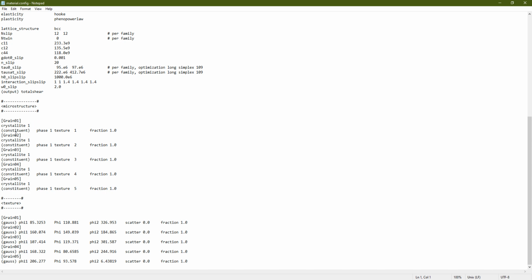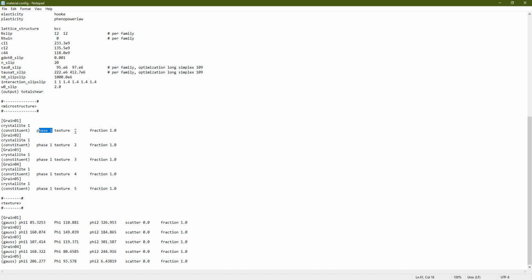And now all these grains have information. All of them have phase 1, phase 1, phase 1, phase 1, phase 1, right? Which means it is a single phase material. But what is the difference between 1, 2, 3, 4, 5?